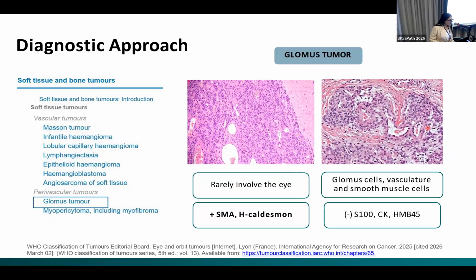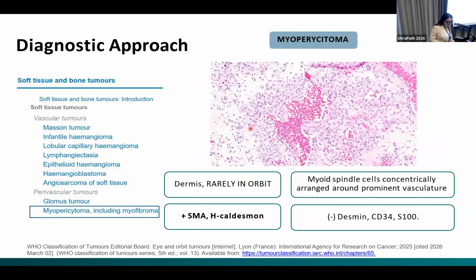And these tumors are composed of glomus cells, vasculature, and small muscle cells. These tumors are positive for SMA and caldesmon.